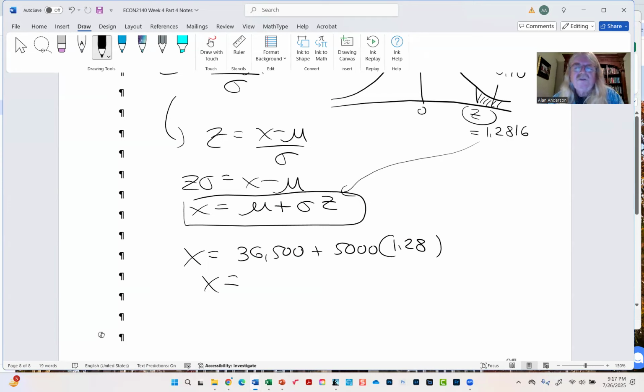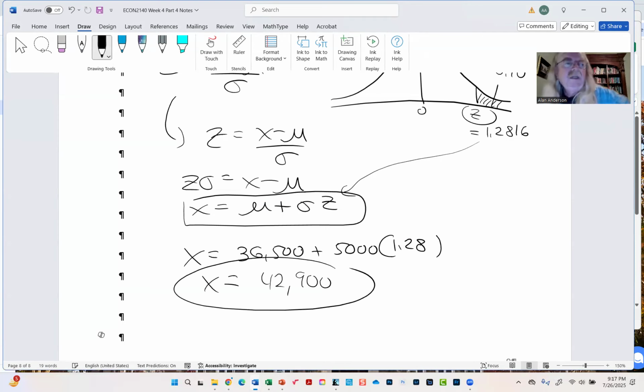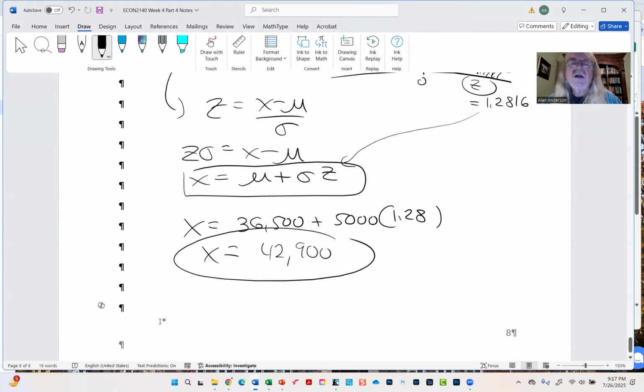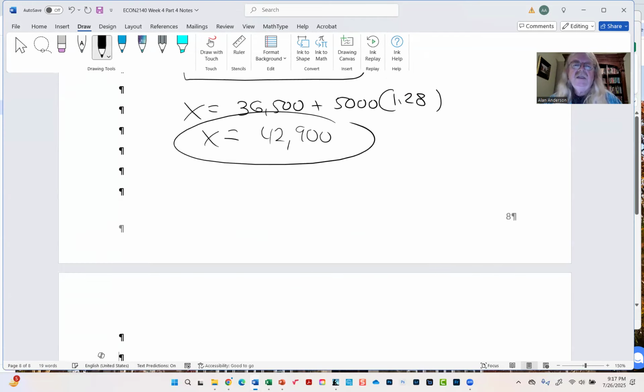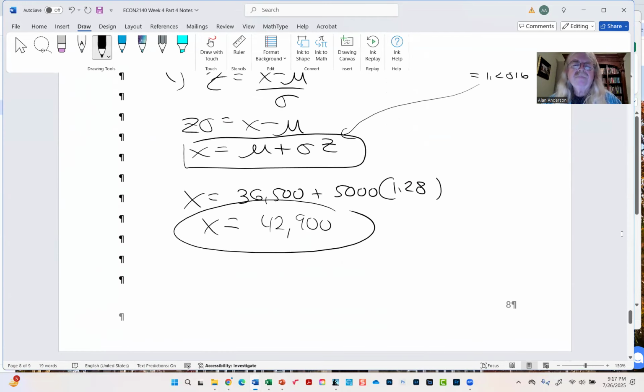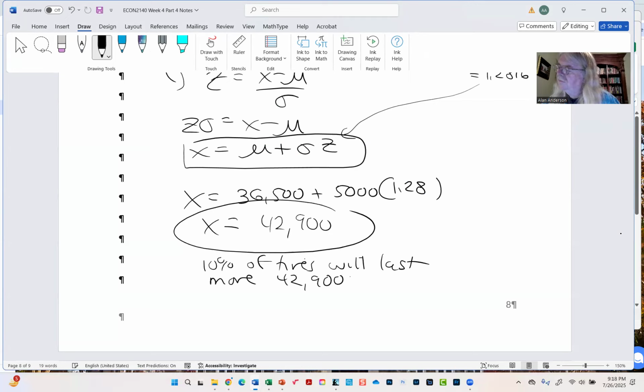And that is 42,900. So what this implies is that 10% of tires will last more than 42,000 miles.